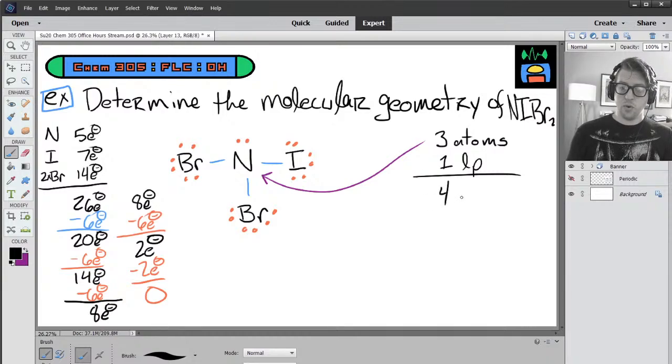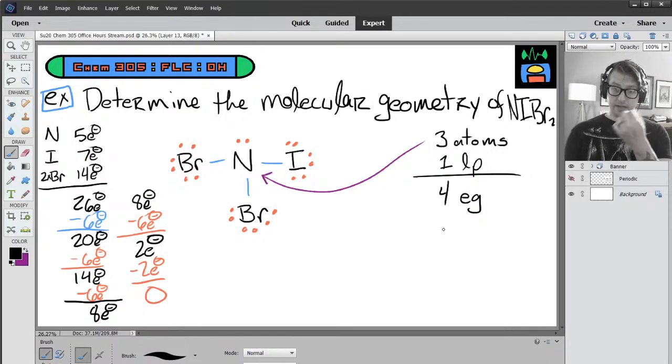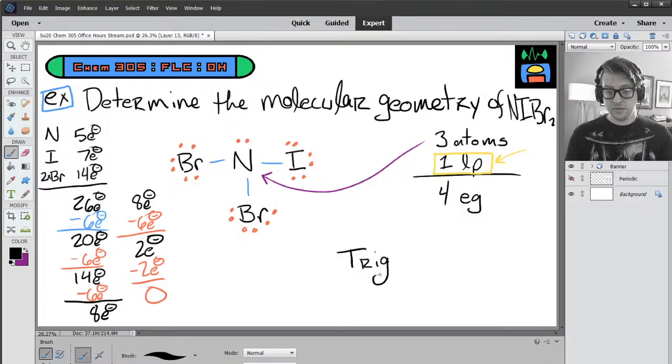So that's 4 electron groups, right? 4 electron groups, or electron clouds, which means that the electronic geometry is tetrahedral. But when you have a tetrahedral electronic geometry with 1 lone pair, that means that your molecular geometry is trigonal pyramidal.